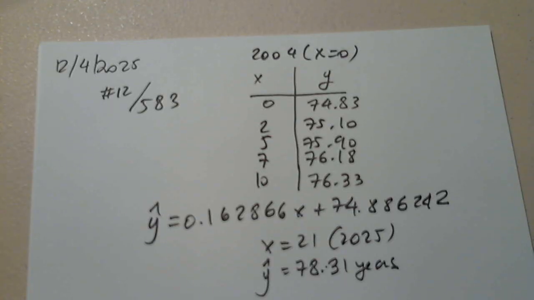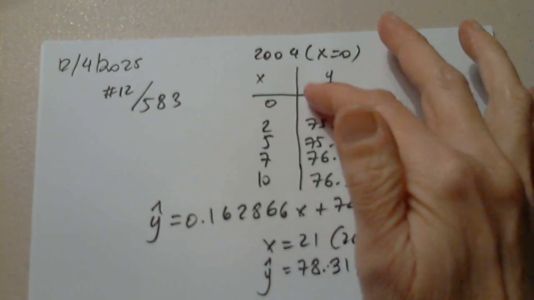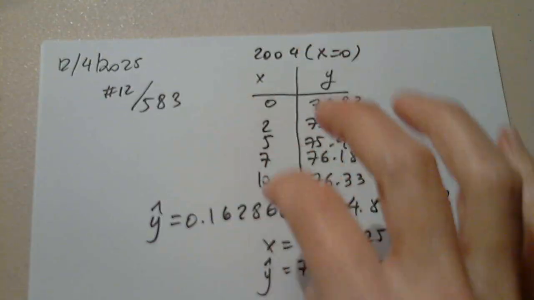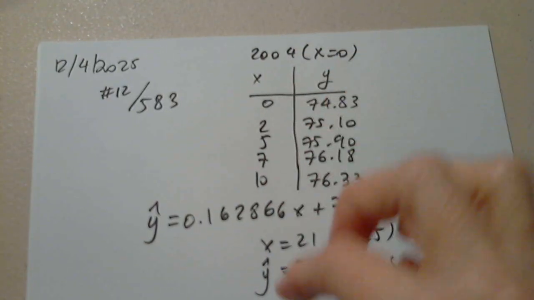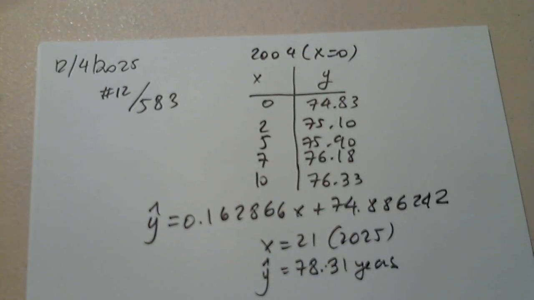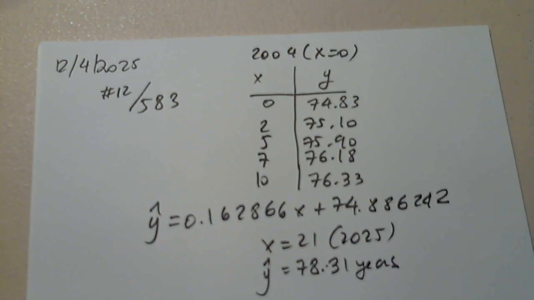So it's iffy to use the data from the year 2004 to the year 2015 and predict 2025. Very iffy. It may not be a reliable figure. So when we predict, we should not use this model to predict too far out because it may not hold.